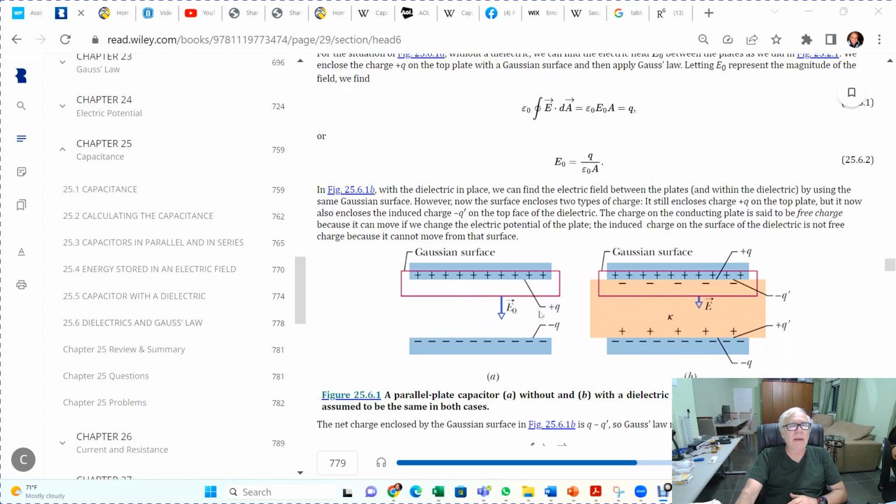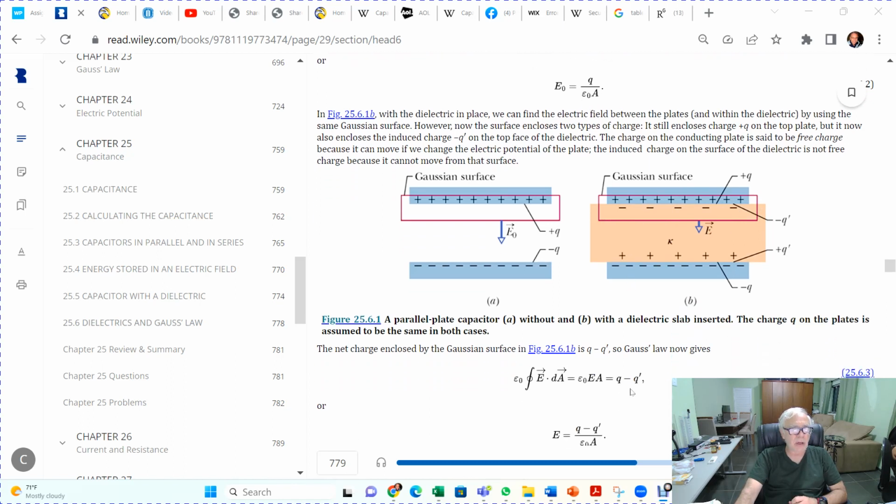The new thing about the dielectrics is that if you have air or vacuum here inside, you don't have any charges within this Gaussian surface. When you introduce a dielectric, then you are going to have those additional negative charges that are polarized in the dielectric, and that changes slightly the charge that's enclosed, right?